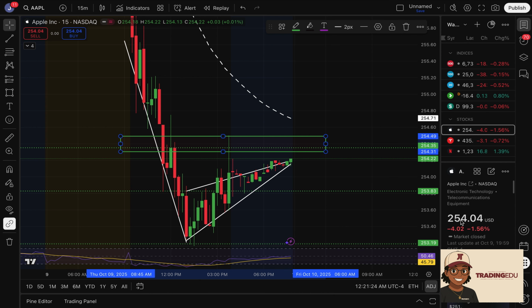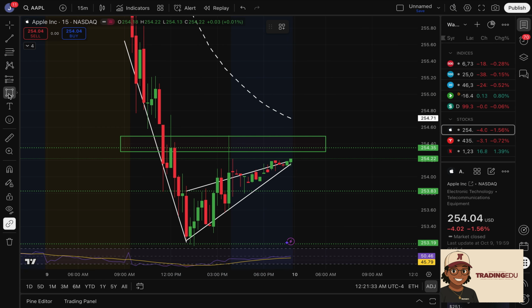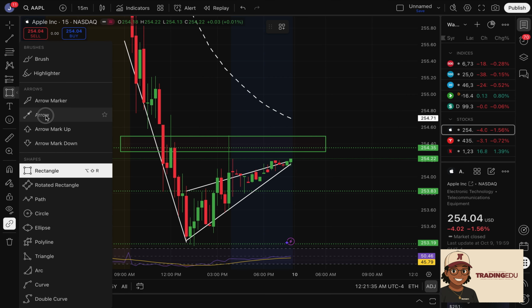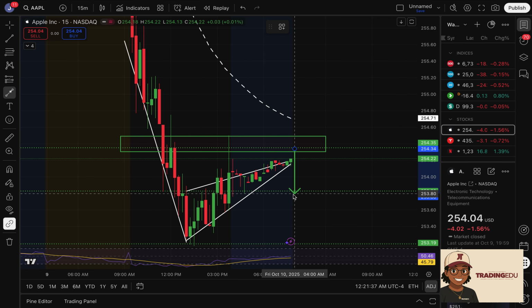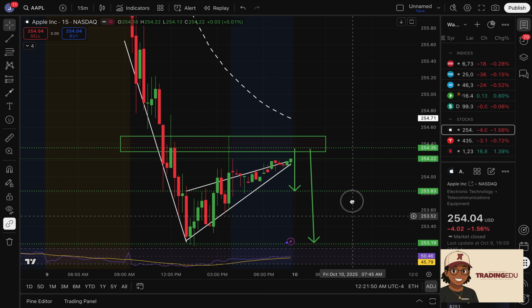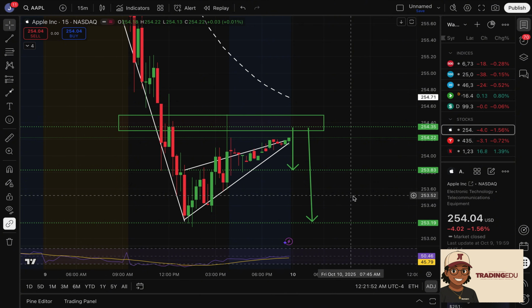It closed out at about 254.04. So if we hit here and we reject, I would look for this pattern to begin to play out to the downside after getting a rejection here, riding it down, making this 253.83 my potential first target. And then from here to here at about 253.20. Okay, so I hope that makes sense.